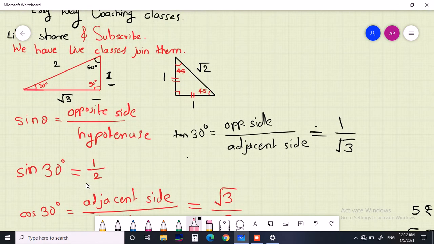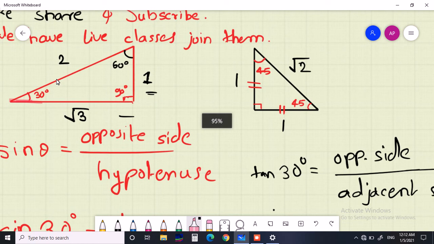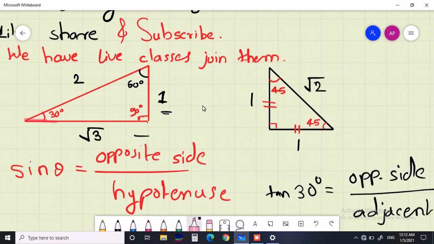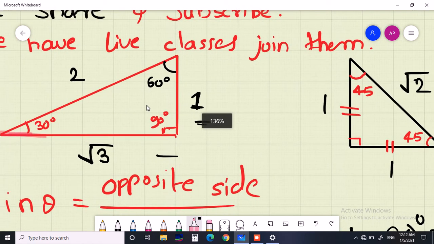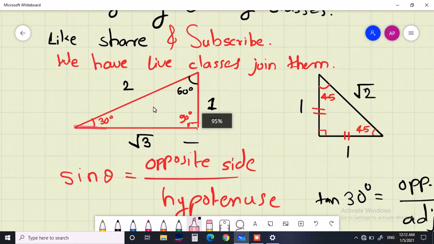The basic property of a triangle is that the sum of its three angles is 180. The opposite side of 30 has length 1, the hypotenuse has length 2, and the side opposite to the 60 degree angle has length root 3. This is the first triangle you have to remember, and the second is the 45 triangle.